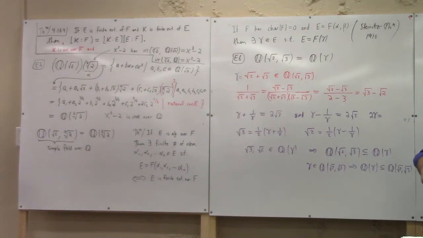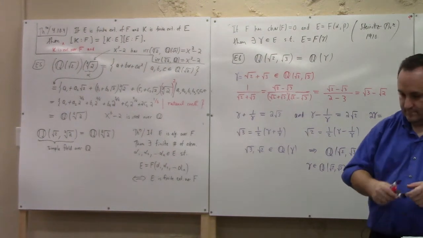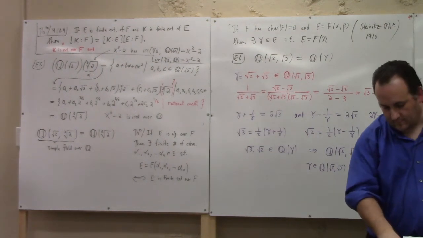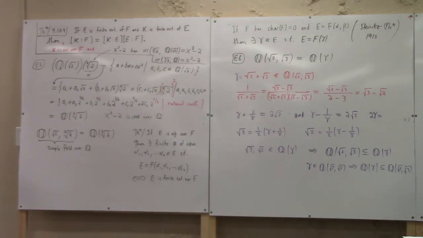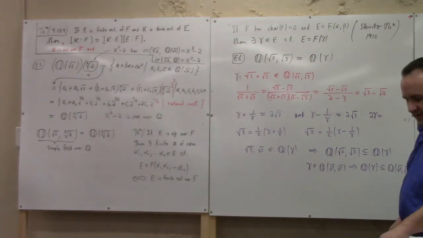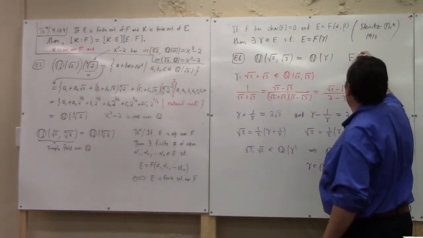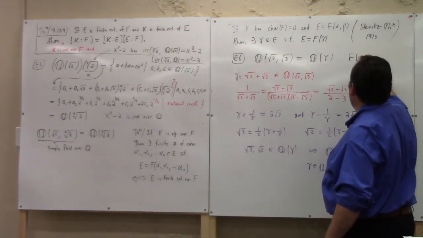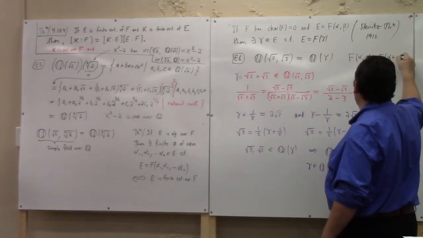Would there be some circumstances where we messed up when we tried to multiply to begin with, other circumstances where we would be messing up more if we tried to add them? Like, is this special to the square root of 2 and the square root of 3? I don't think so. I think if we have a field of characteristic 0, and we have F adjoin alpha, beta, I think that is likely this.